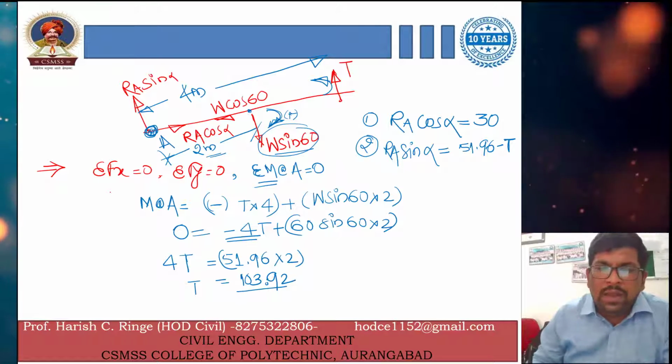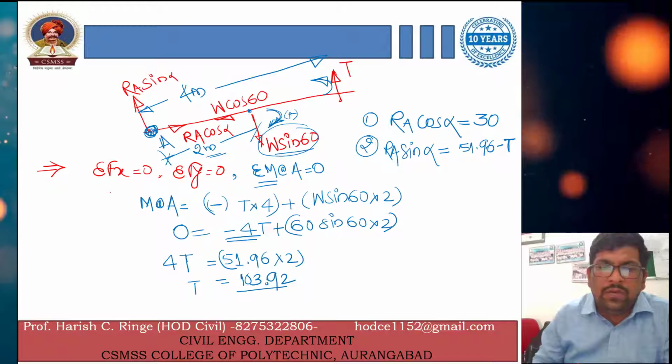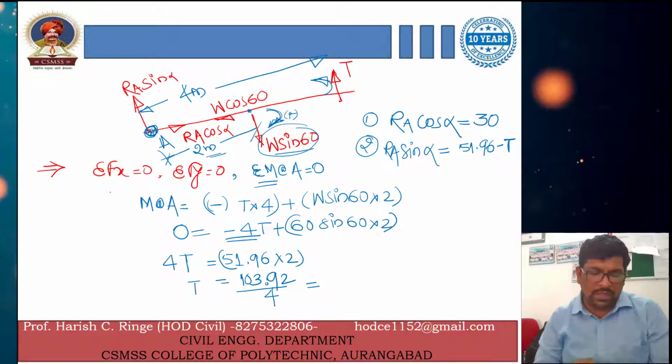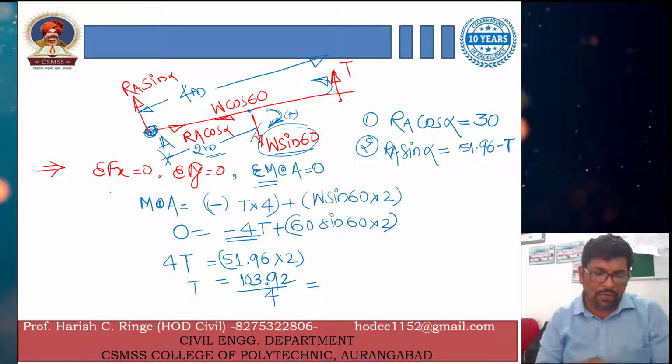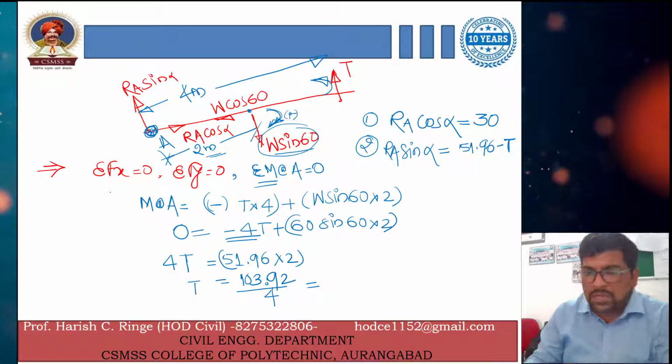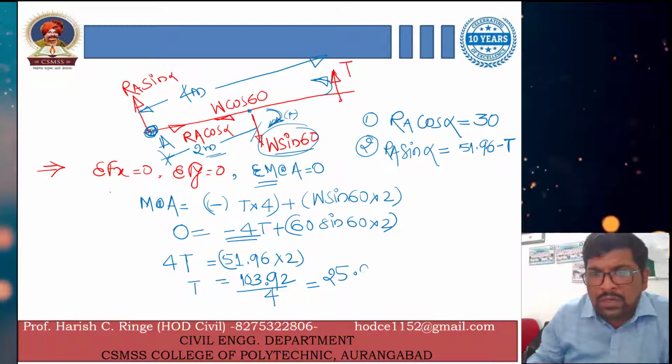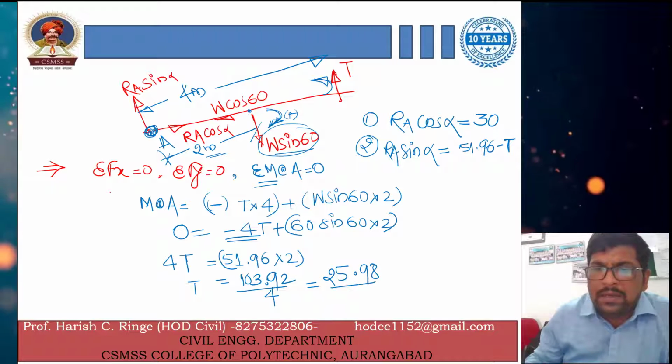Then the 4 will go to the denominator, divided by 4, which gives me the value of 25.98.